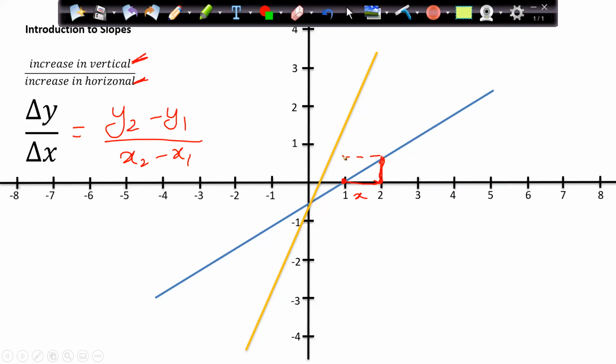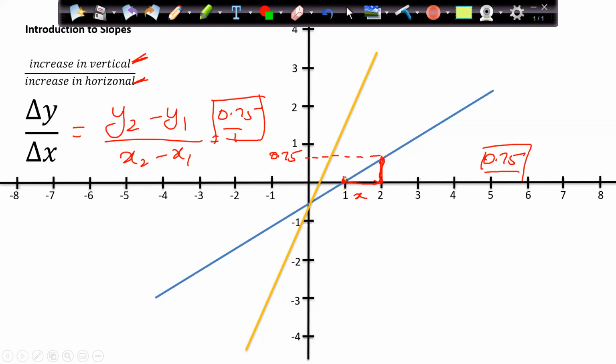It's approximately maybe 0.75, I can say, right? So my slope will become what? 0.75, right? Because x2 minus x1 is 1 and y2 minus y1 is 0.75. So my slope of a line is 0.75.